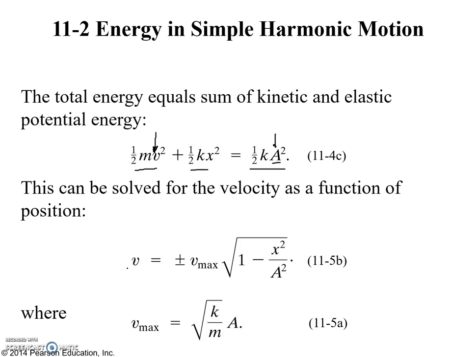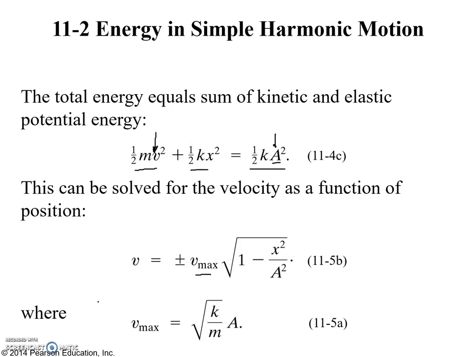Well, velocity is the unknown variable here, so if we solve for it, we can find that the velocity is equal to plus or minus the maximum velocity times the square root of 1 minus x squared over a squared.